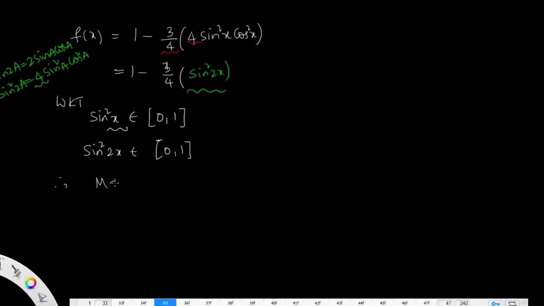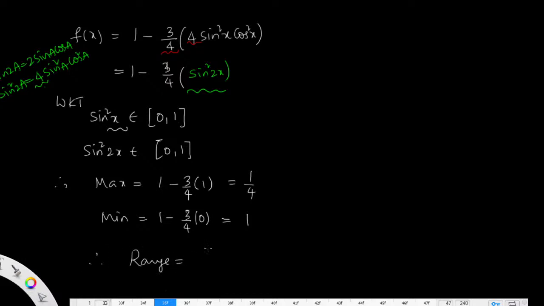Therefore, the maximum value is nothing but substituting 1 and 0. So the minimum value is 1 minus 3 by 4 into 1, which is equal to 1 by 4, and the maximum value is 1. Therefore, the range of the given function sin power 6x plus cos power 6x is 1 by 4 comma 1.